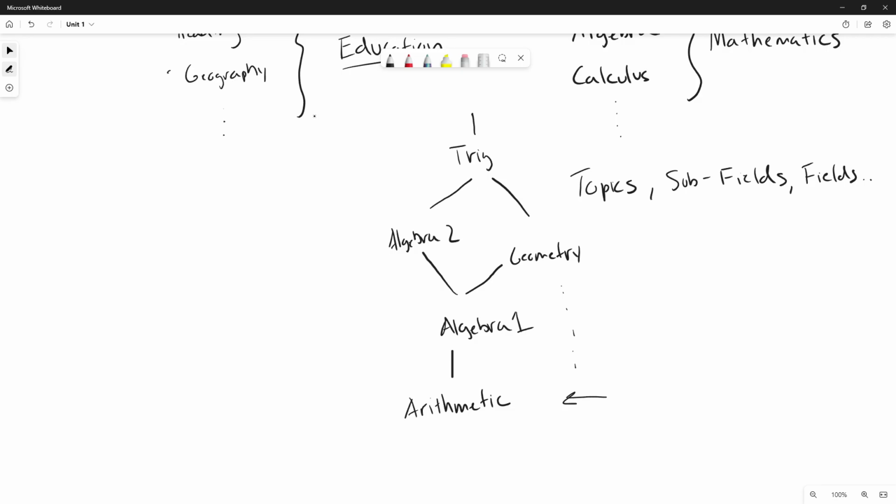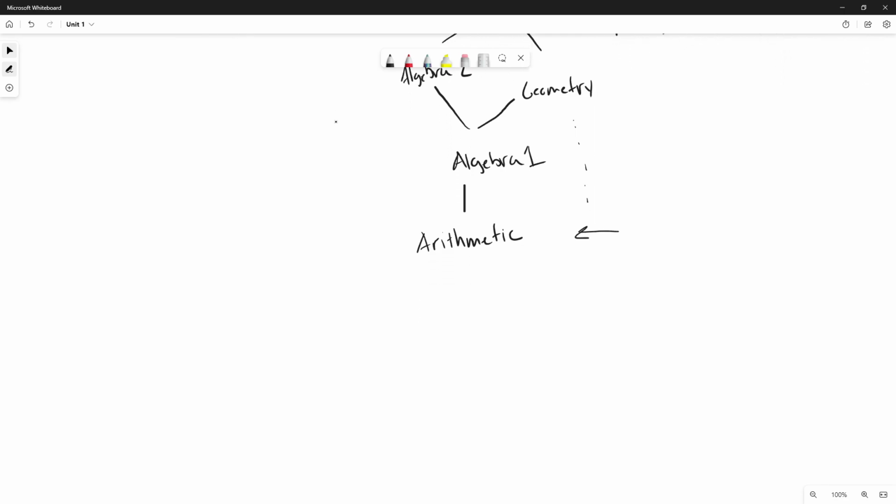And so arithmetic has a very famous title, and we'll write it out just to hammer it home. It is the fundamental course in mathematics.